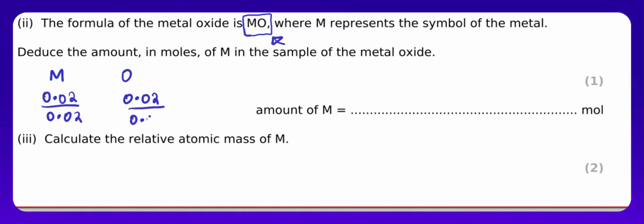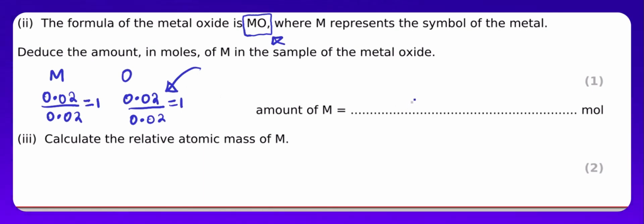So this is the only time you're going to get MO, because then the mole ratio will be 1:1. So by the fact that you've been told the metal oxide has a formula of MO, it means M has the same number of moles as oxygen atoms. So here you don't need to really have any calculation. This was just to remind you, so that you can think properly along those lines.